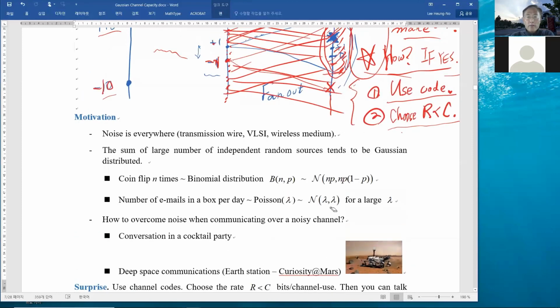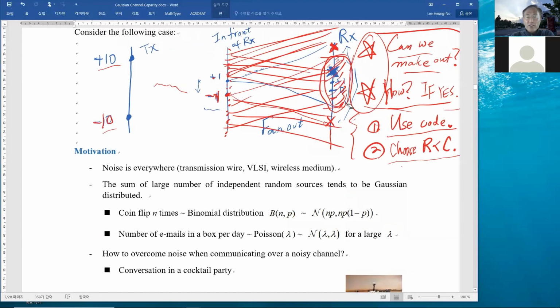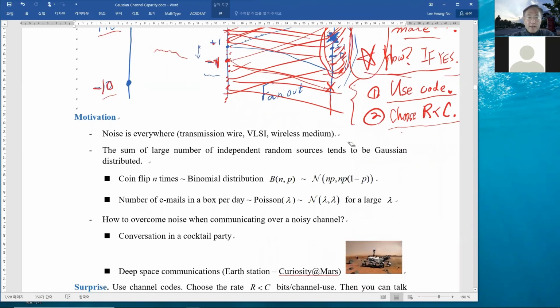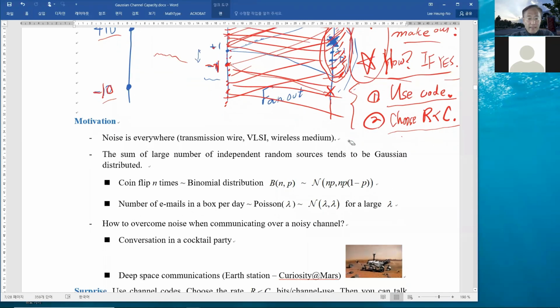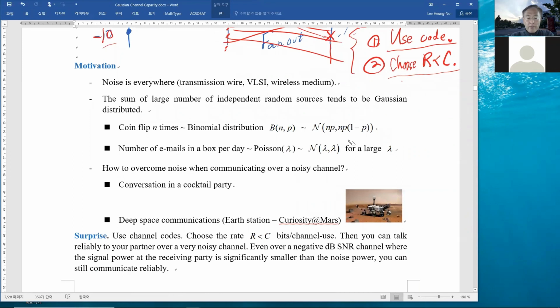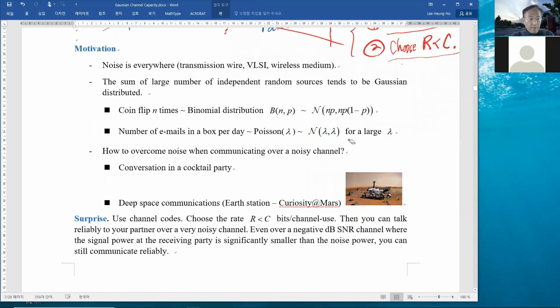So it is about overcoming this gray region, right? If your signal power is consistently smaller than the noise power, the gray region is going to be very huge. And how do we overcome this gray region and make the probability of error very small? That's the surprise that the channel code idea has brought to us.